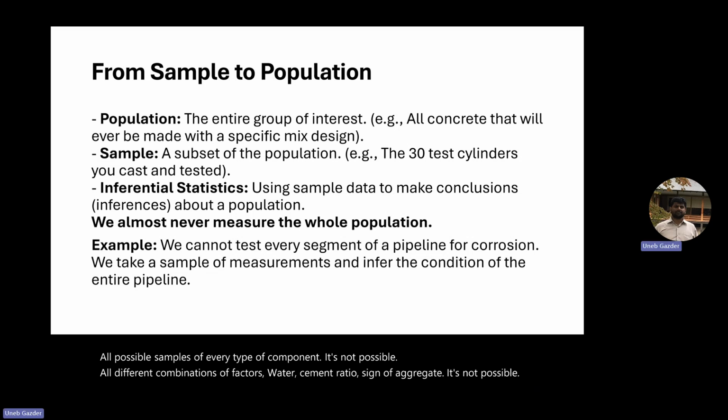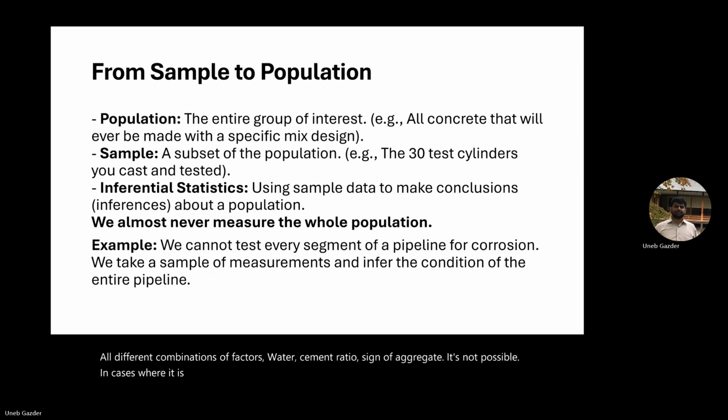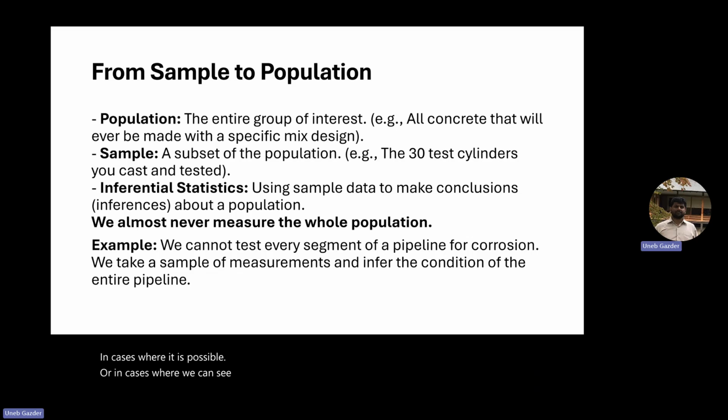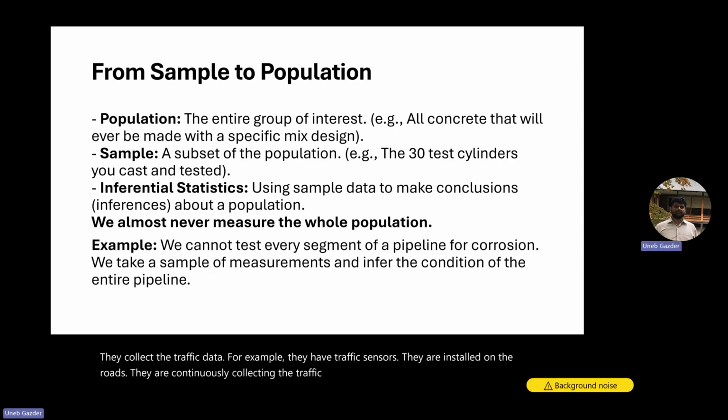In other cases we can see the data in front of us, but it's not usable. I gave the example of phone data, or traffic data. They have traffic sensors installed on the roads, continuously collecting the traffic data. But still, it cannot cover the entire domain.